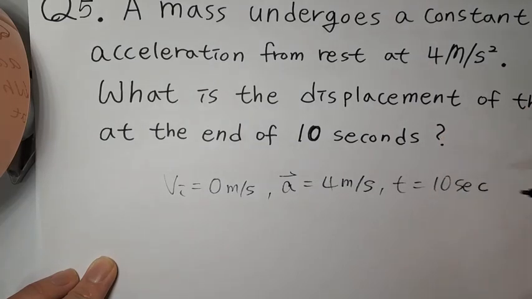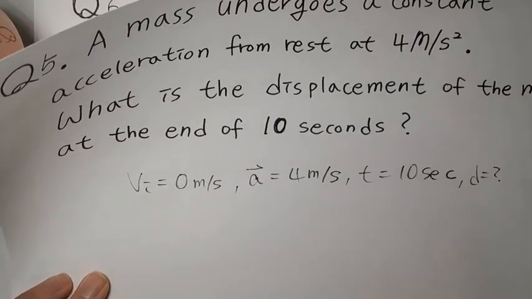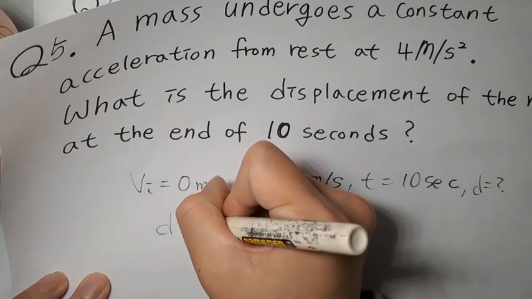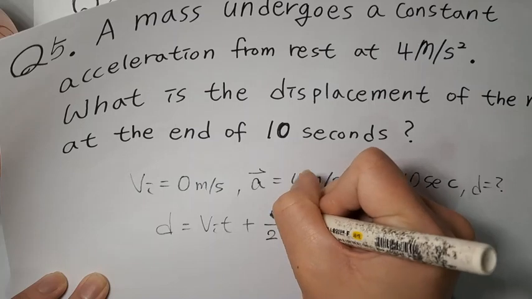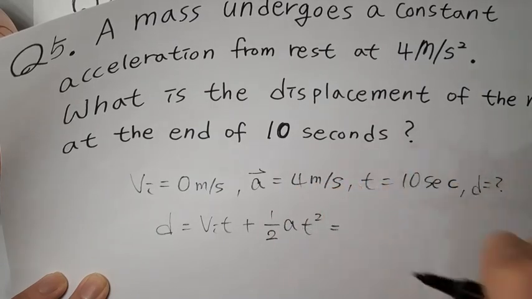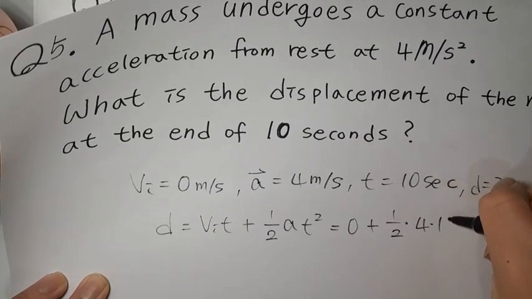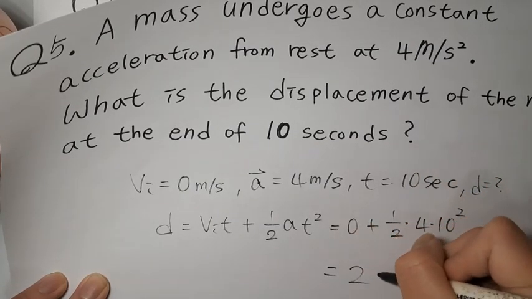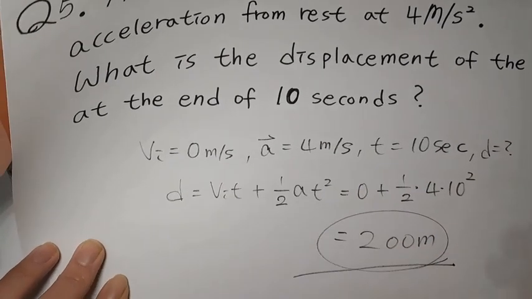The time is 10 seconds, so what is the distance? We are going to find the distance. So we are going to apply this equation. So the answer is going to be 2000 meters.